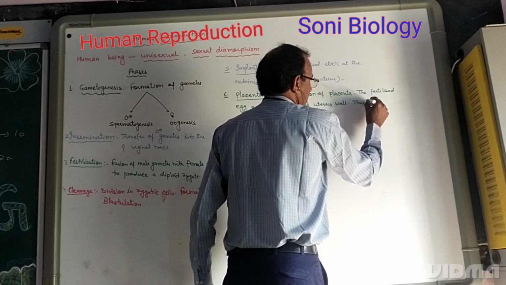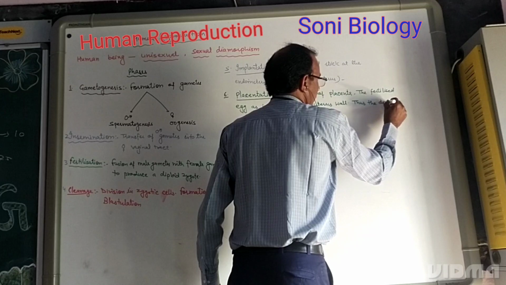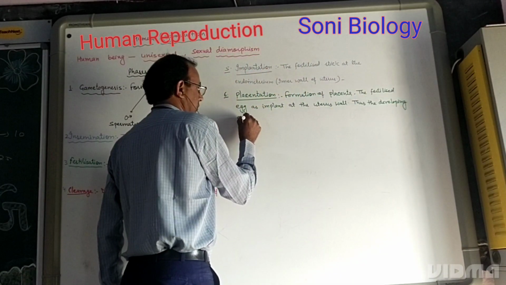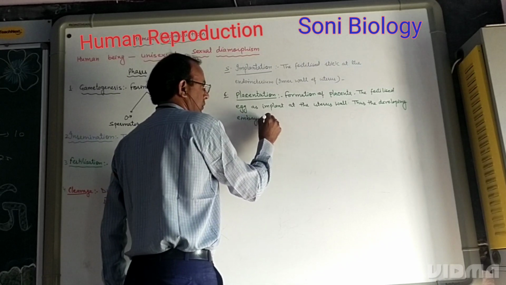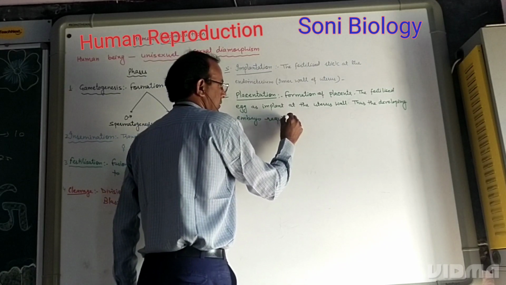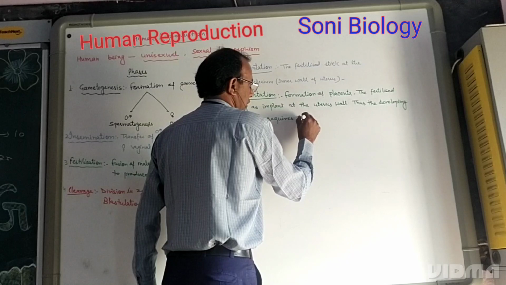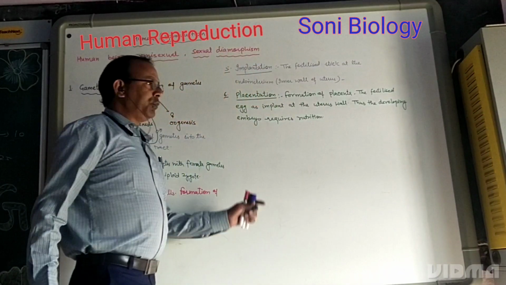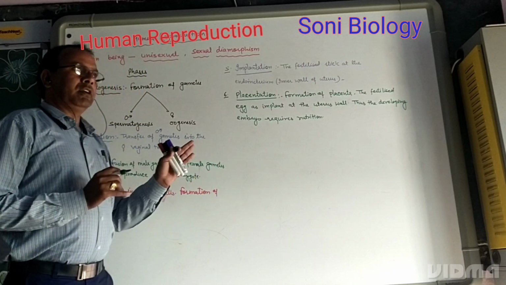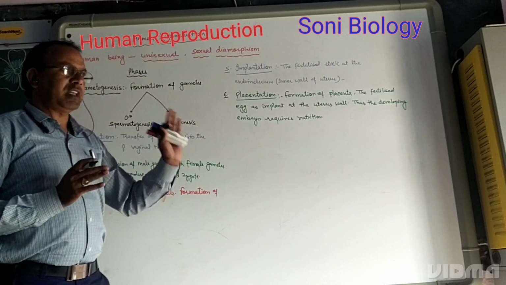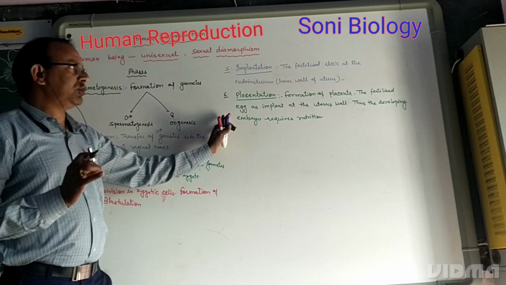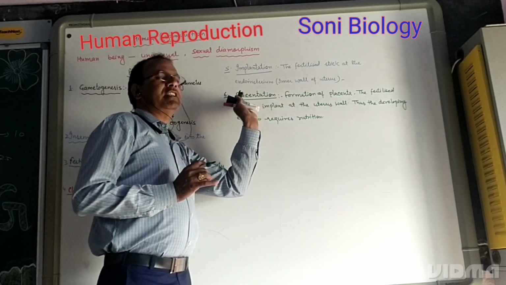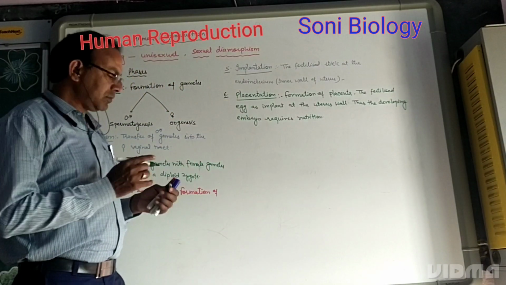Thus, the developing embryo requires nutrition. So, nutrition is provided to the developing embryo from the mother's body through a special tissue, that tissue is known as placenta, and formation of placenta is known as placentation.